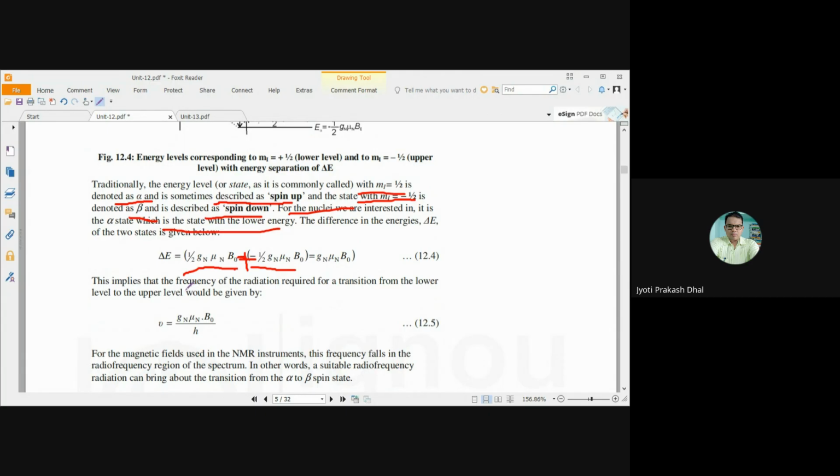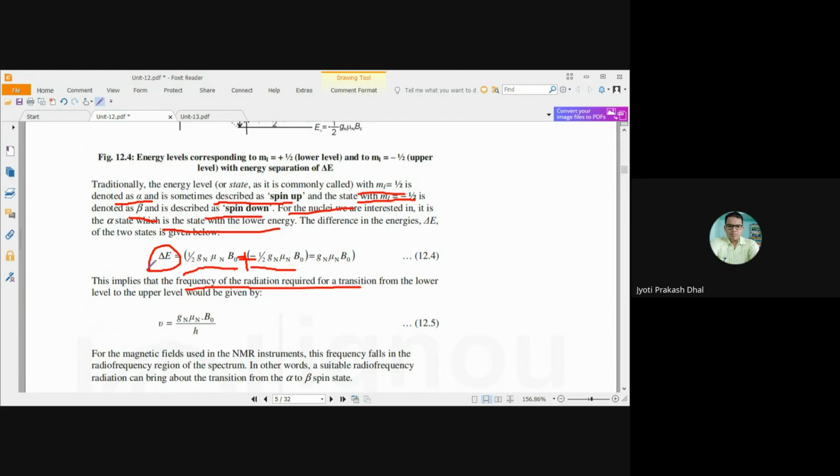This implies the frequency of the radiation required, because we know that E equals h nu. This is the value of the energy difference between the two states, one being the spin up and the other the spin down state.